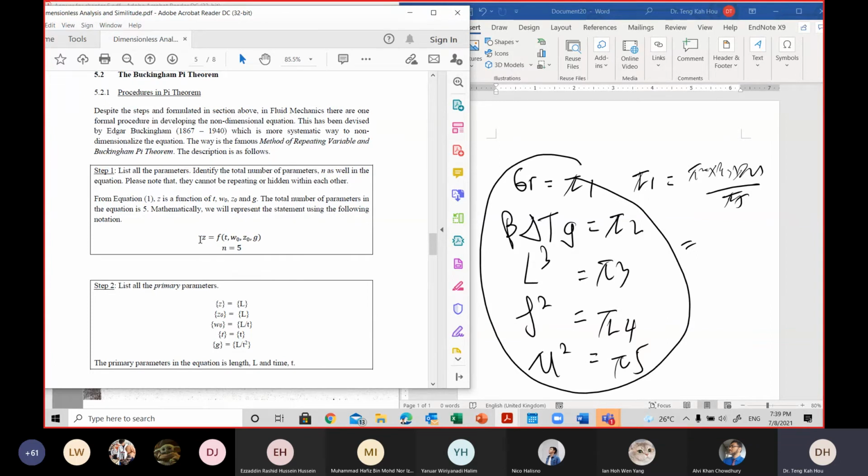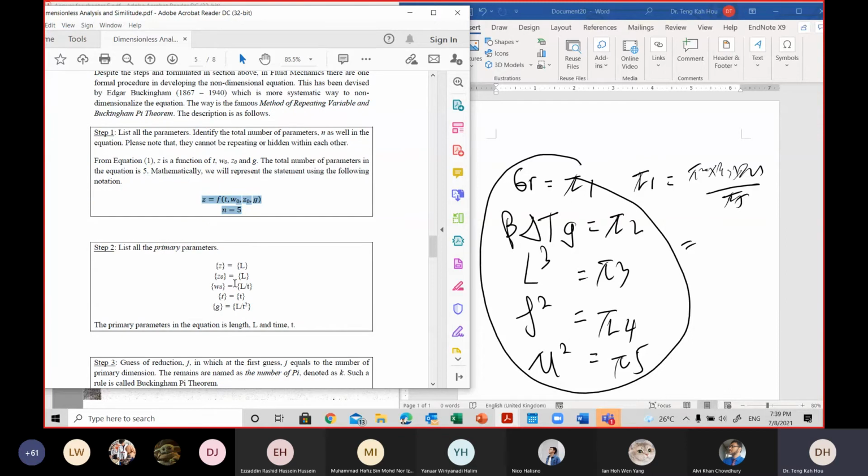For example, in this case you got only 5 n, but just to let you know, in last year's question we got 7 n, and you got 3 repeating variables. So once you got 3 primary, that means you got 4 pi, and you need to write 4 pi.